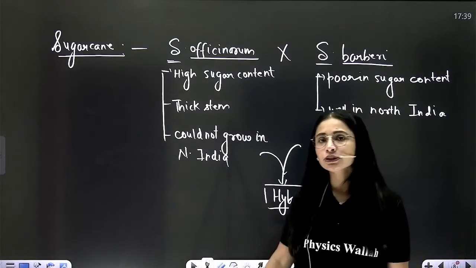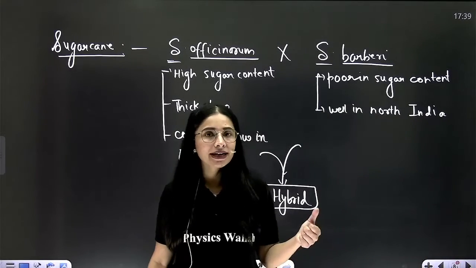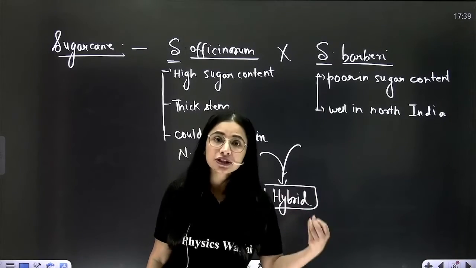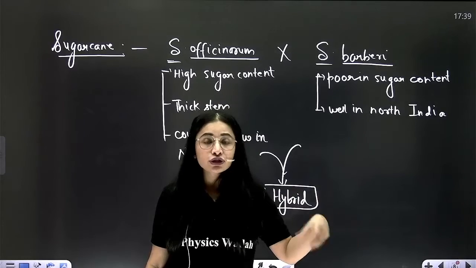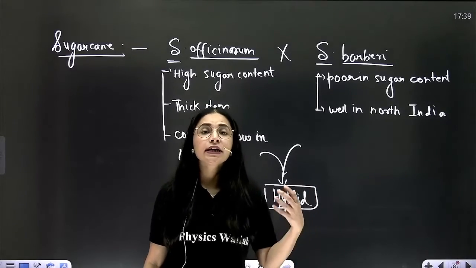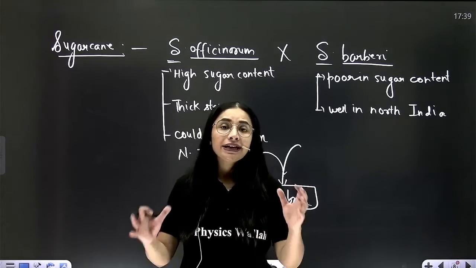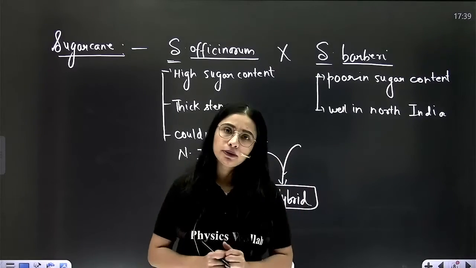Have you all understood till here what hybridization is? It is one of the conventional methods of plant breeding which was introduced in order to fulfill the demand for food created by the increasing population.